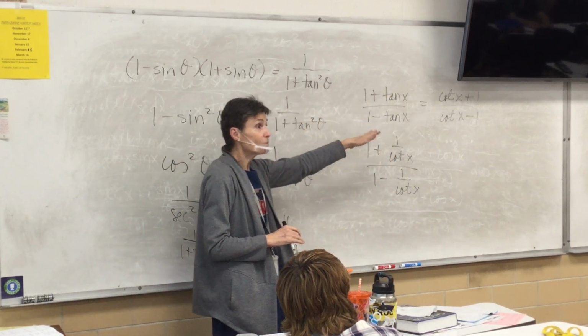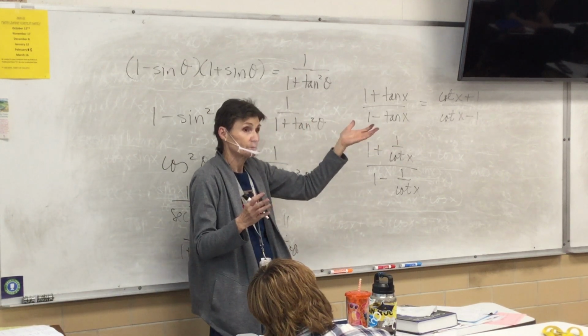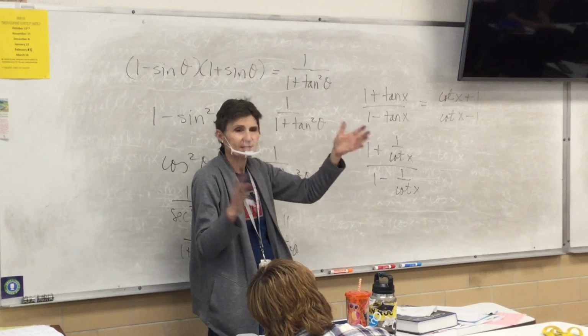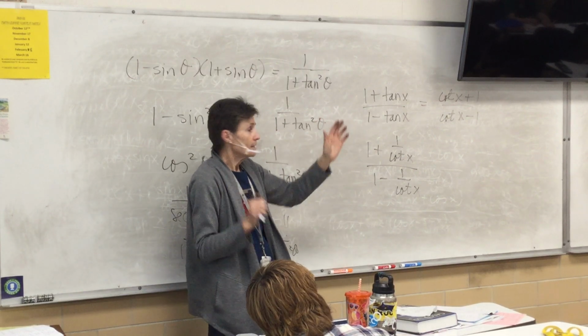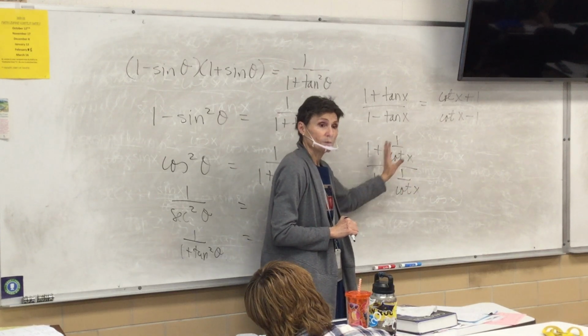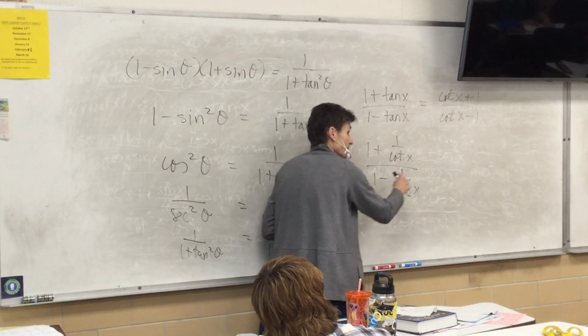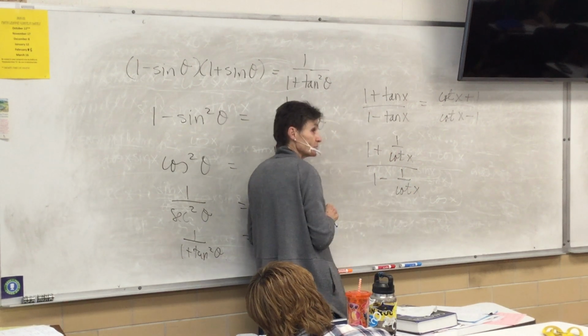If you worked on the other side, you would change your cotangent into 1 over tangent. The amount of work is going to be the same, doesn't matter. Now, when you do that, you've got a complex fraction. So we're going to multiply every single piece of the fraction by cotangent.